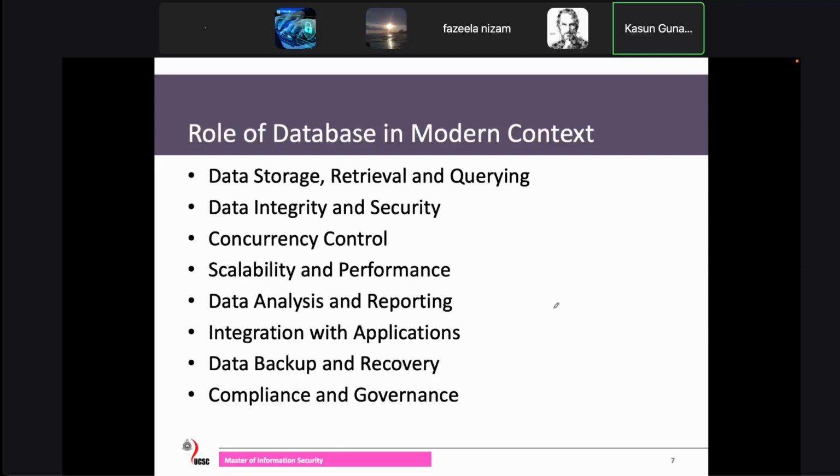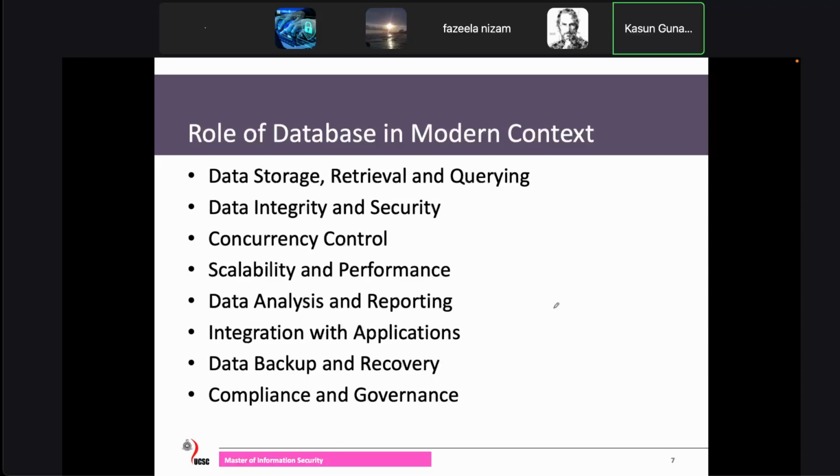The importance of these databases originates from their ability to efficiently store and manage large amounts of data. So we need to store the data, retrieve, manipulate, and there are lots of different ways that we can manage this data.